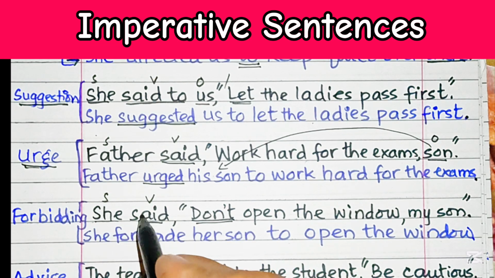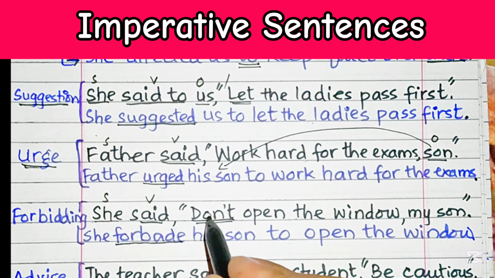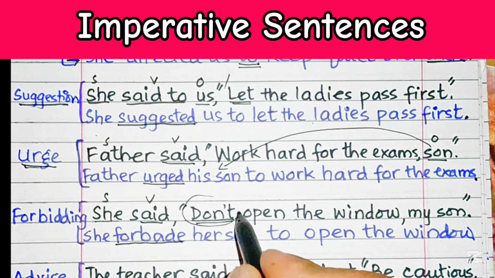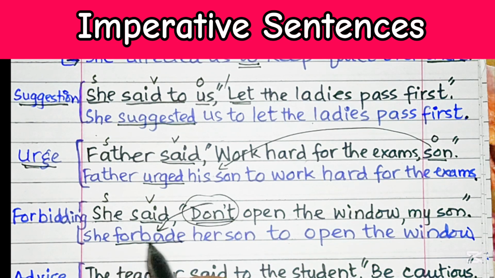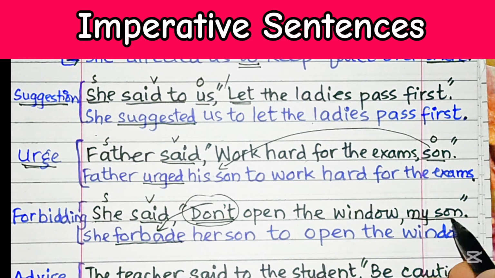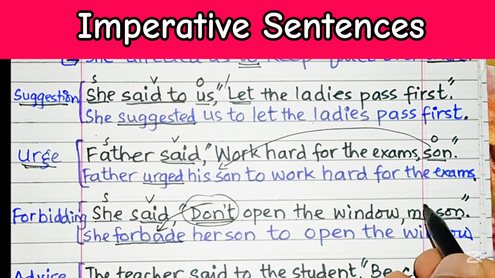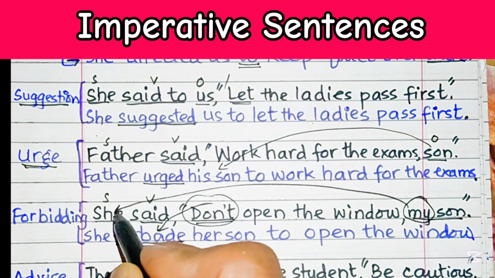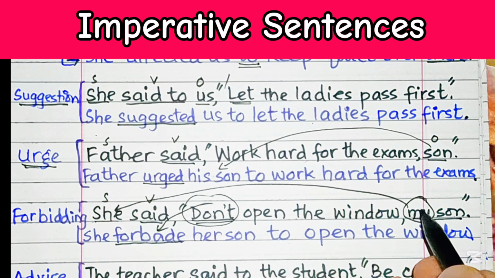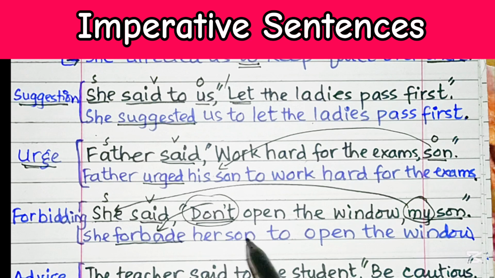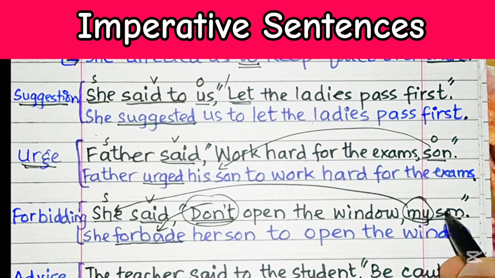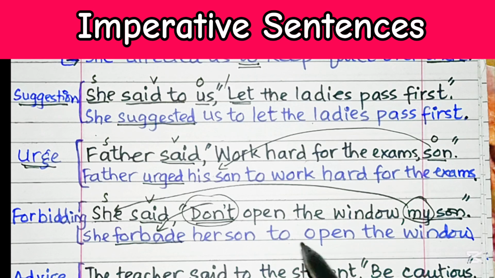Said means she forbade. So this particular part is shifted to forbid. She forbade, and then who is the addressee? Her son. My is first person, it is to be changed with the subject, and this is in possessive case. So she forbade her son to open the window.